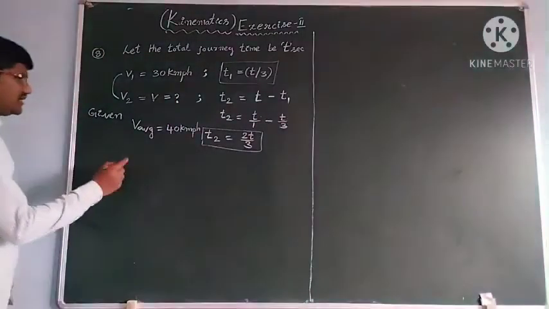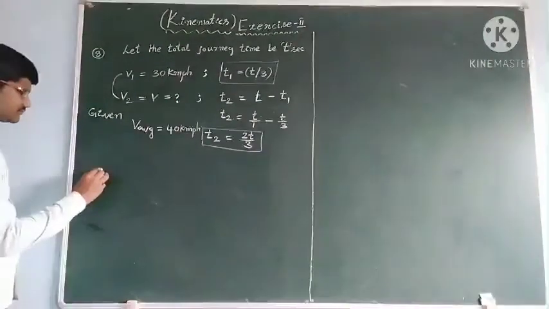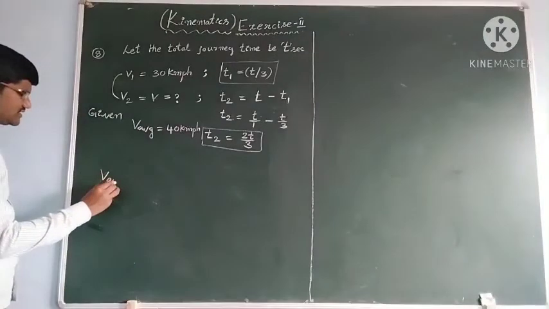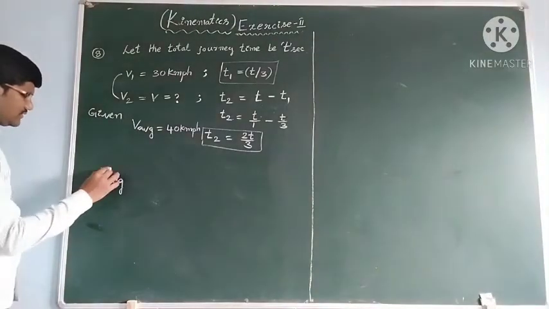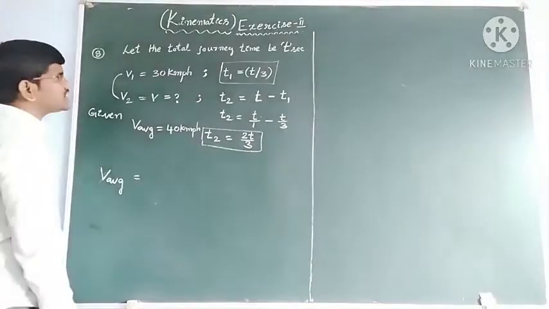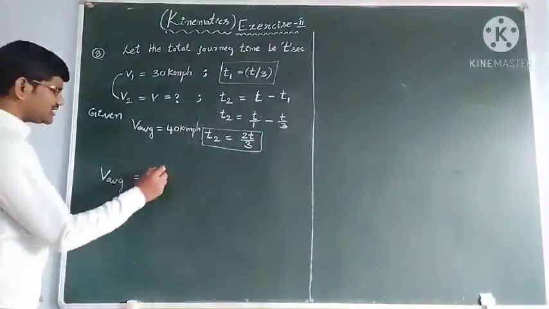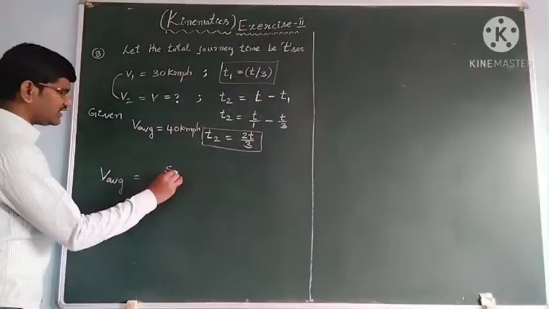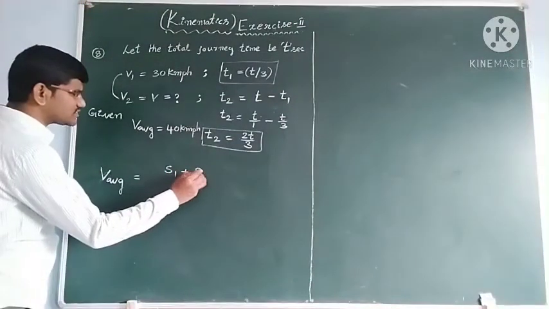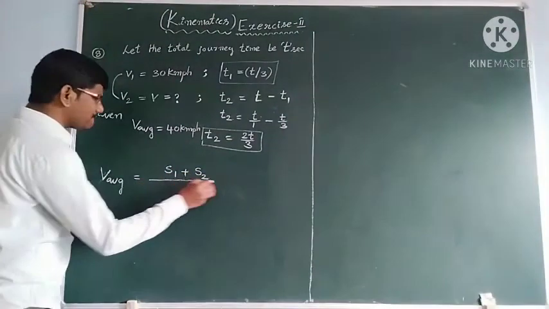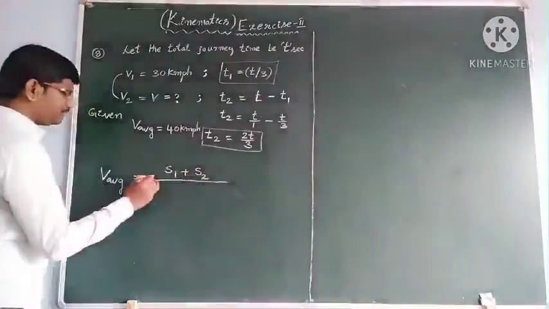Students, the average speed formula. V average is equal to total distance by total time. Total distance we don't know, so write S1 plus S2 by the total time.